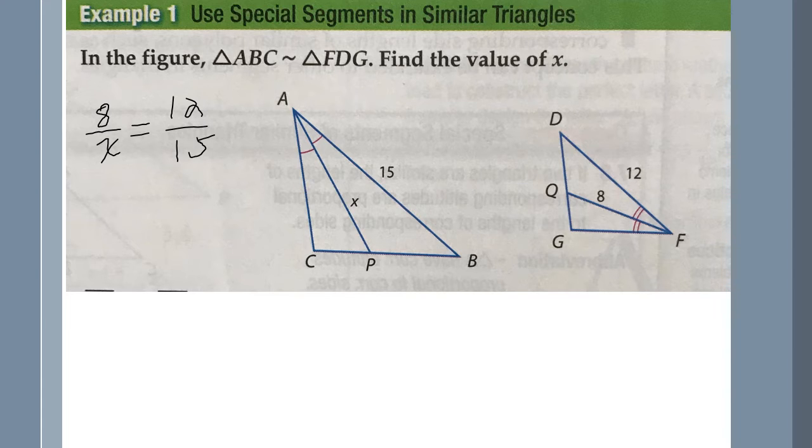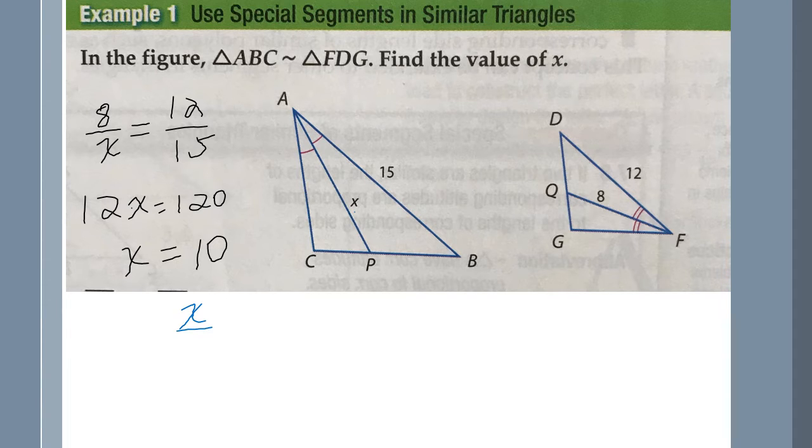And when we multiply these through, I get 12x equals 120. So x is going to be equal to 10. We could also have done this the other way, which is to go from x over 15, let's say.